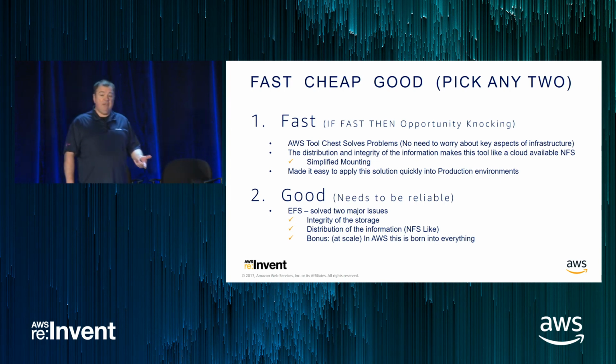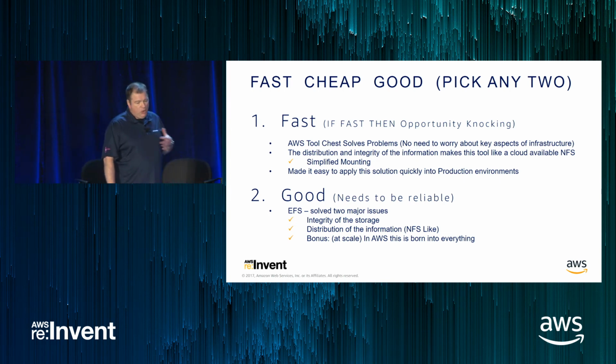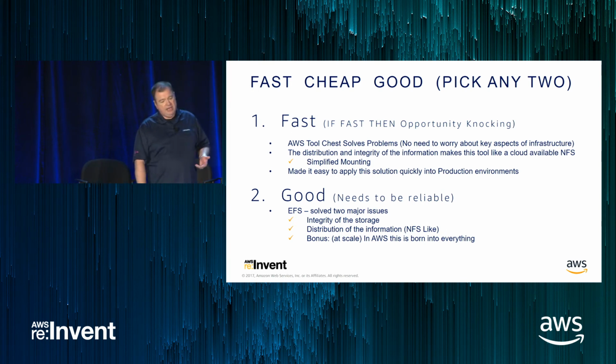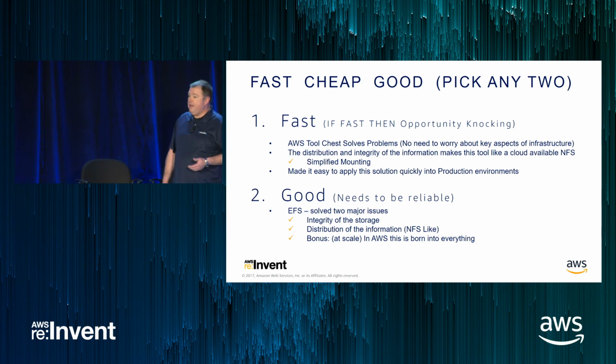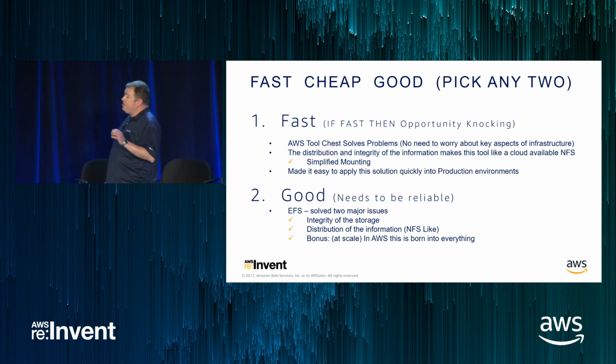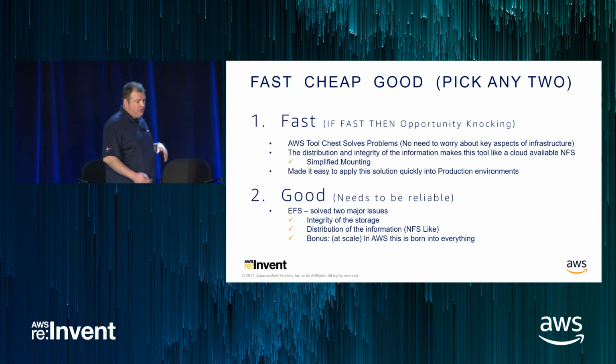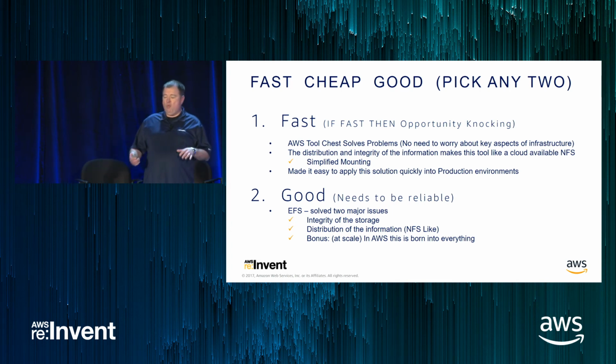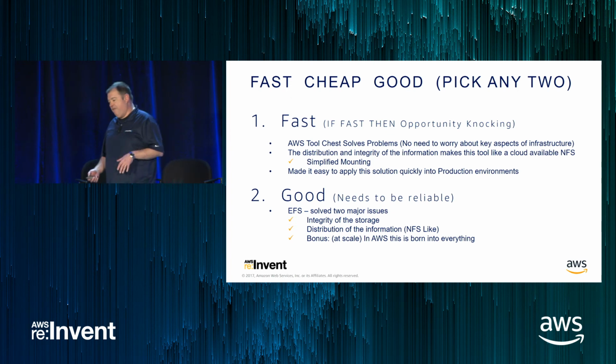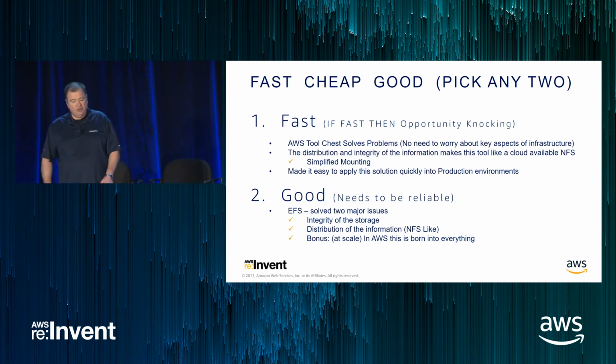We had to have integrity, because a lot of what we're doing with EFS, the integrity is key, and the distribution of the information had to be NFS-like. When I heard that EFS was NFS-like, it gave me pause because of my experience with NFS in the past. But the way it's been implemented with EFS in AWS actually eased my mind when I learned about it.